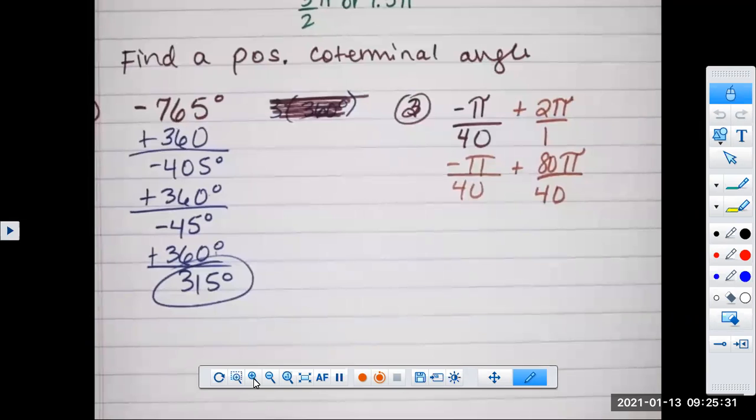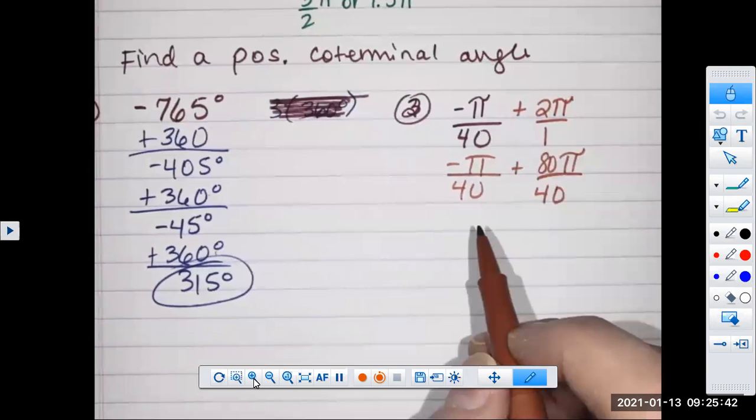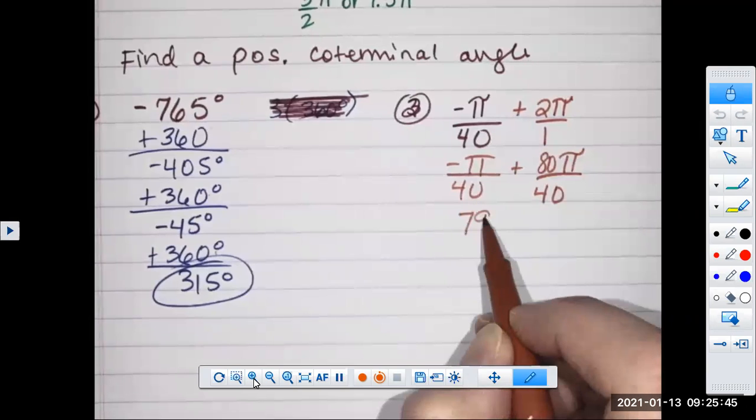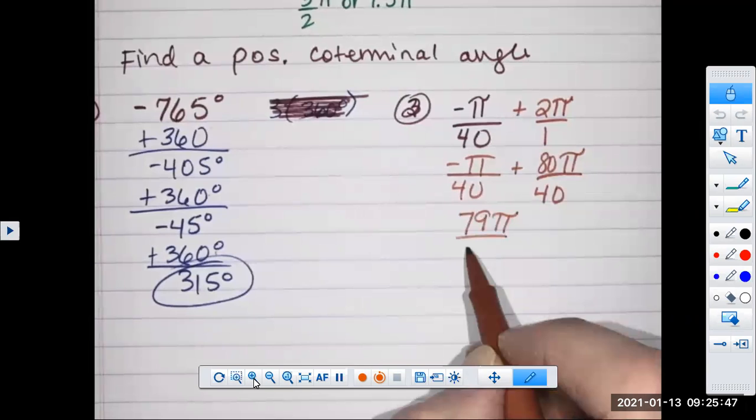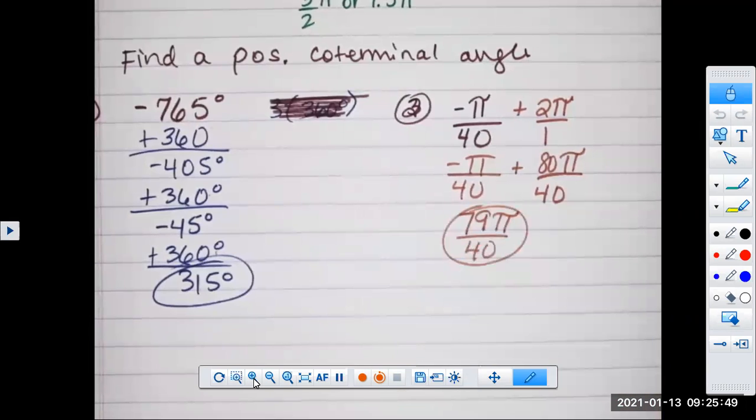So what is this angle's coterminal angle? 79 pi over 40.